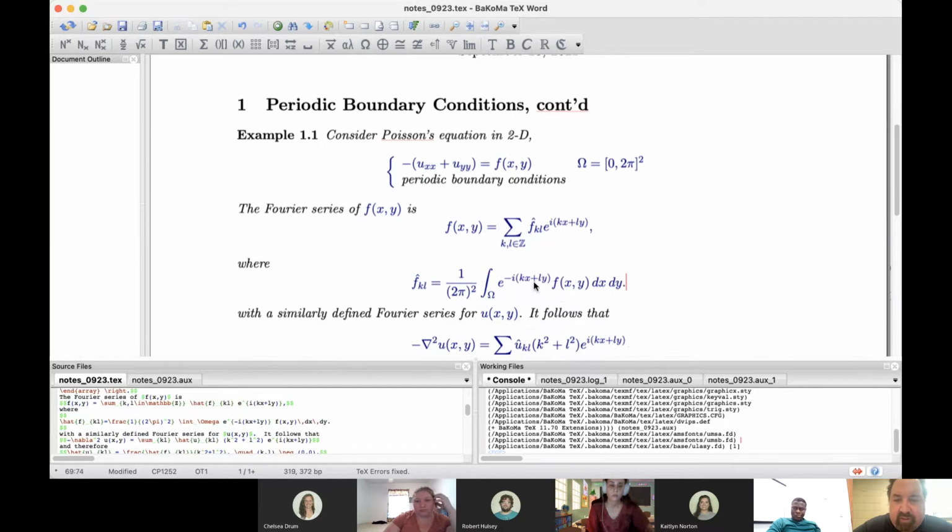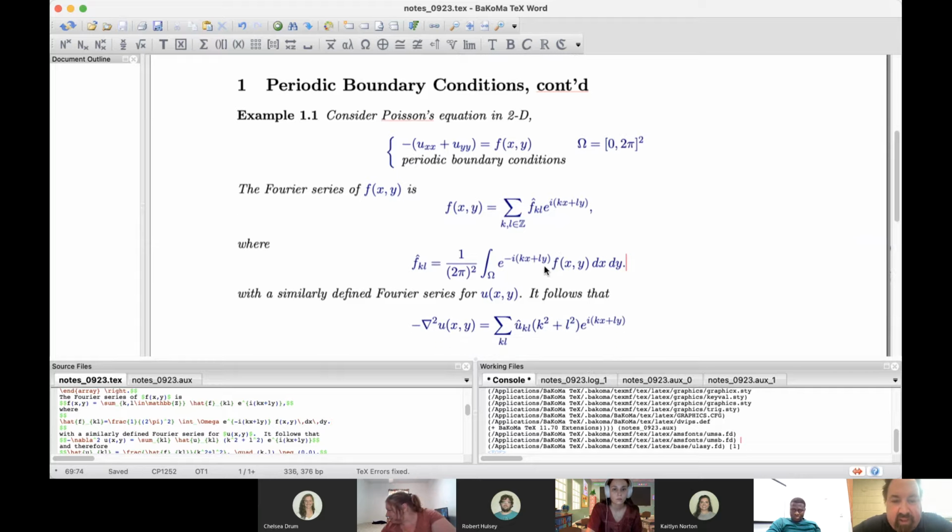All right, so those are our Fourier coefficients. Since u is periodic, it will have the same kind of Fourier series. Exactly like this, just with u of x, y, and Fourier coefficients u hat with indices k, l.